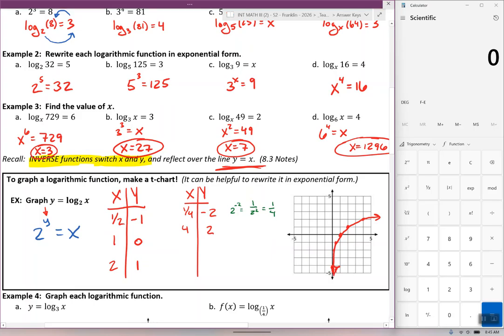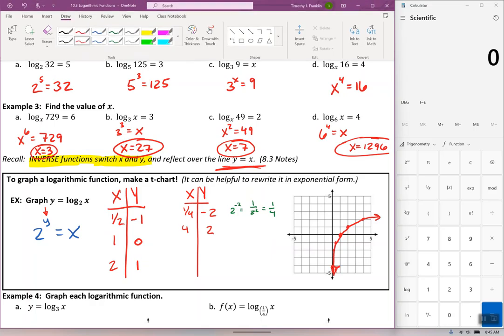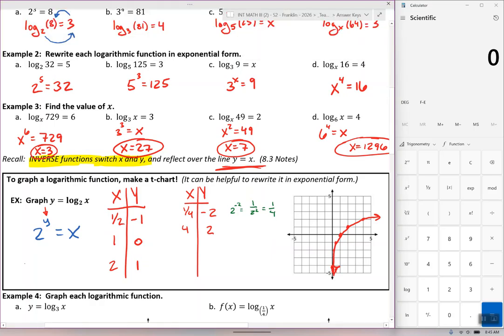And which should make sense because if I take the actual inverse of this, just for fun, that would be 2 to the x equals y. And we've graphed that before. 2 to the x looks like this, right?